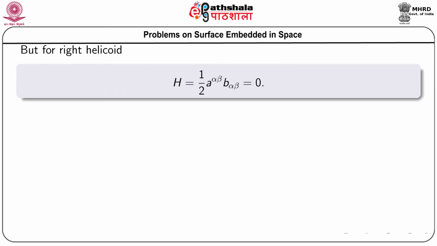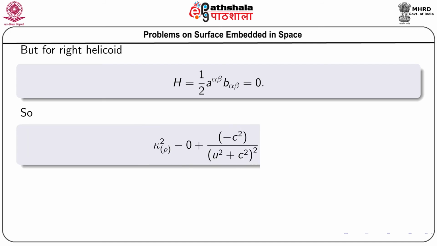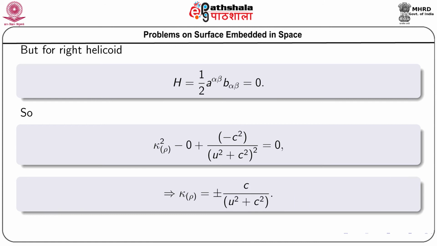Now, for right helicoid we have H equals 0, and so kappa p square minus, the middle term is equal to 0 and the last term is coming to minus c square by u square plus c square whole square equal to 0. So, kappa p equals plus minus c by u square plus c square.